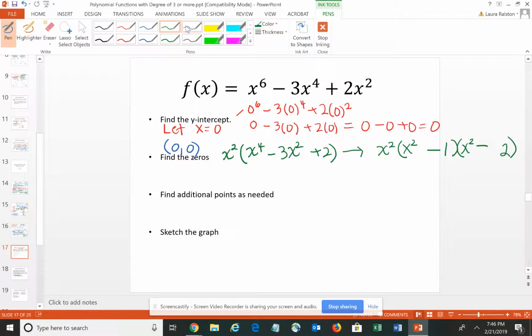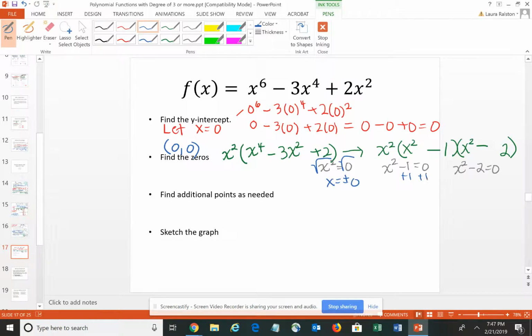So then I know one of those pieces had to be 0. So either x squared equals 0, x squared minus 1 equals 0, or x squared minus 2 equals 0. And if I solve each of those respectively for x, I'd have to take the square root. So I have x equals technically plus or minus 0.